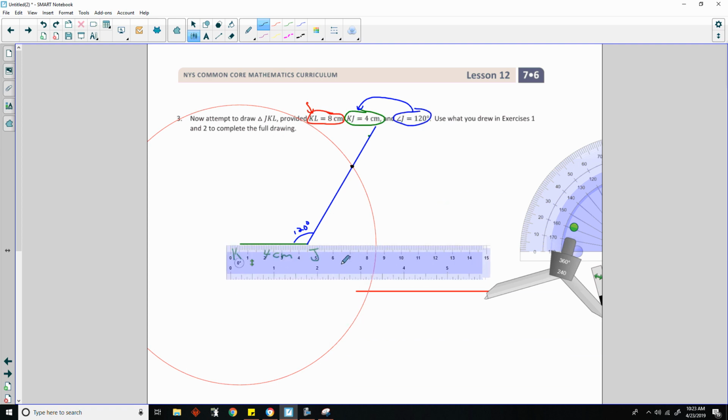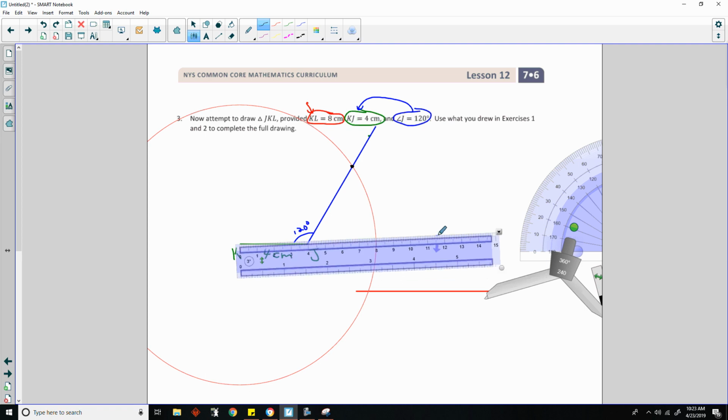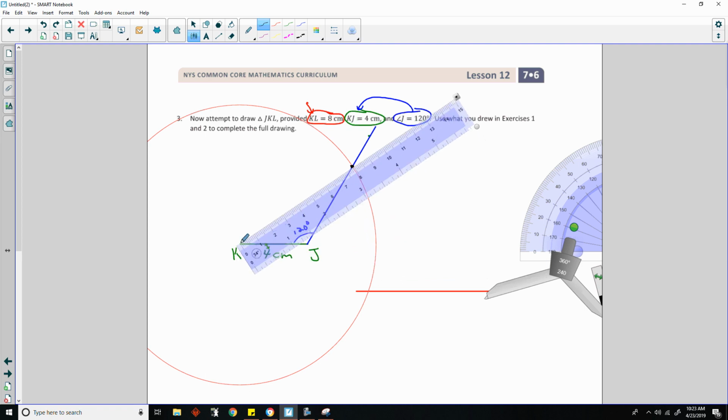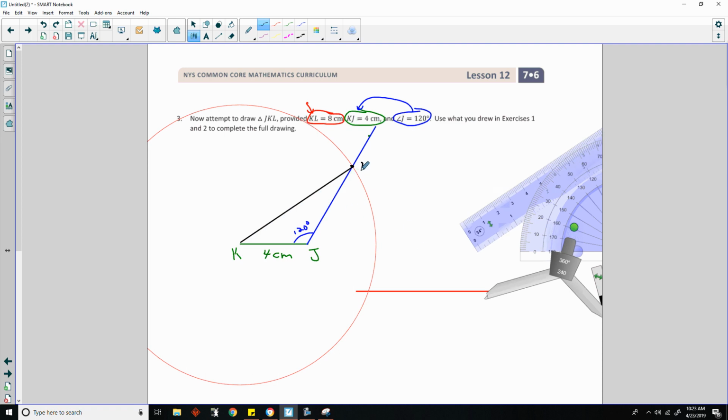So then I'll take my ruler and draw the segment right there. And this is L. Okay? So I'm going to show you something. This should rotate.